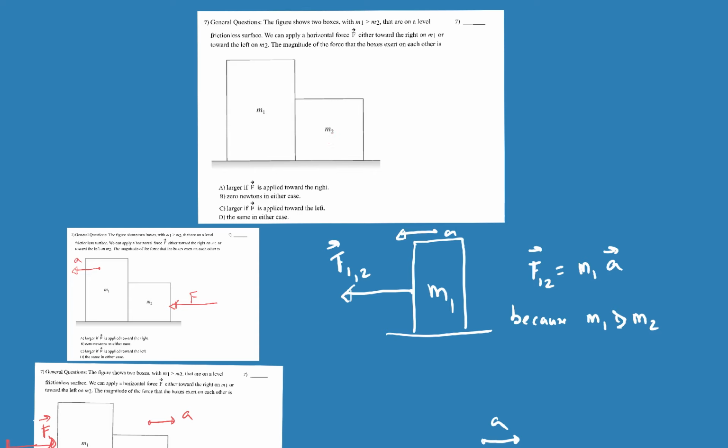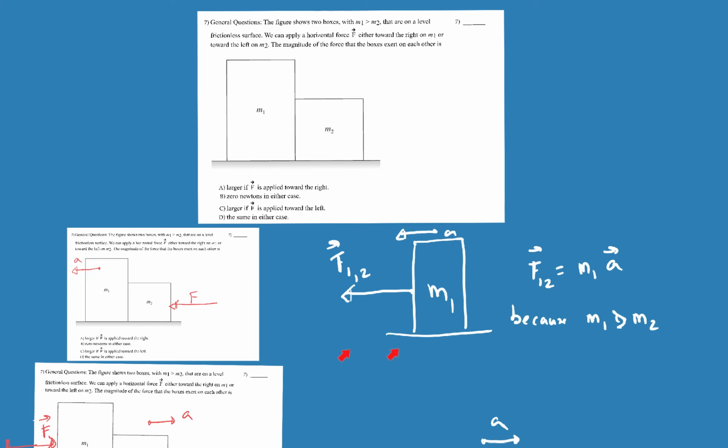If you push to the left with this force, you produce an acceleration on the two masses. We don't worry now about the value, but both masses will accelerate with the same acceleration. So M1 will be accelerating with A, the same acceleration as M2.